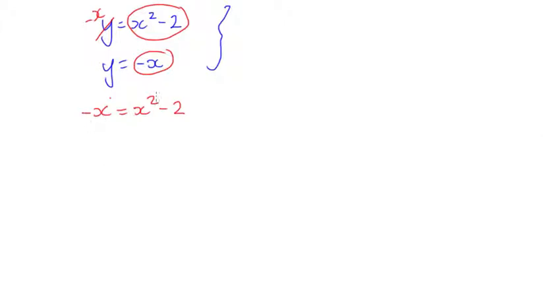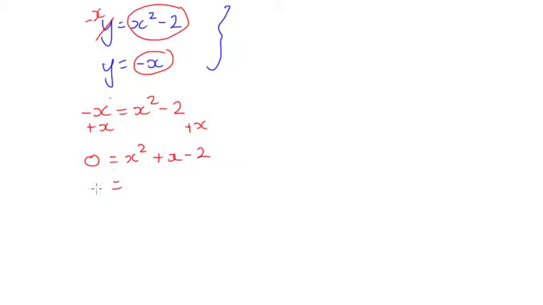So because it's a quadratic, we need to be in quadratic mode and solve it as a quadratic. So set everything to be equal to 0. I'm going to move this negative x to the other side by adding x to both sides. And so we'll get 0 equals x squared plus x minus 2. And hopefully you can see that this one factors, which is nice because it means it will be easy to solve.